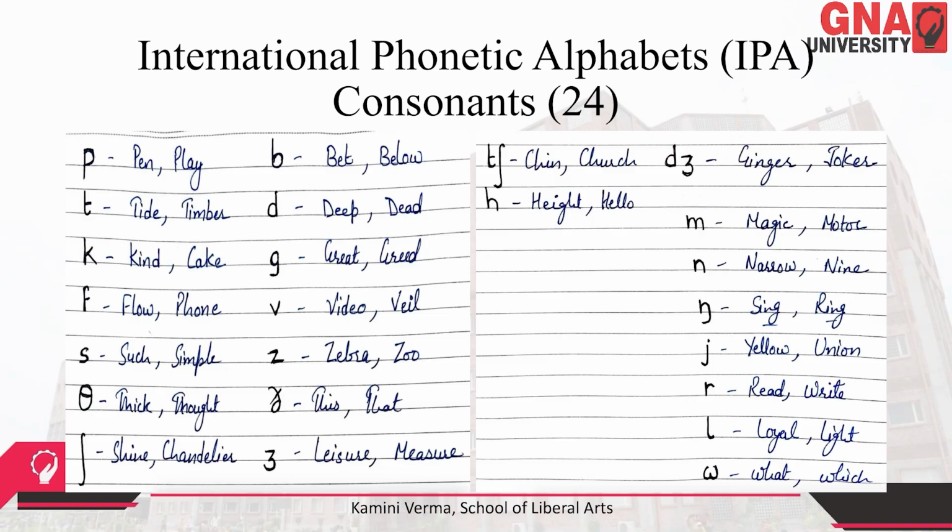You will be using a mix of sh and y, and you will be calling it pleasure. Examples written over here are leisure and measure. So this is the sound which seems like a combination of sh and y. Whenever I am speaking, I will call it the sound in measure and pleasure.